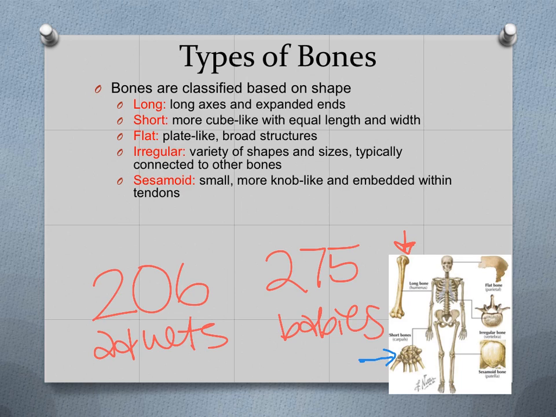Then we have flat bones, which I think is pretty self-explanatory. Here's an example. So that's one of the bones of the skull. The sternum right here is also an example of a flat bone. Then we have irregular bones. Again, pretty straightforward. It's a shape that's pretty odd. So some irregular bones would be all the bones of the spinal column, pardon me, which are called vertebrae.